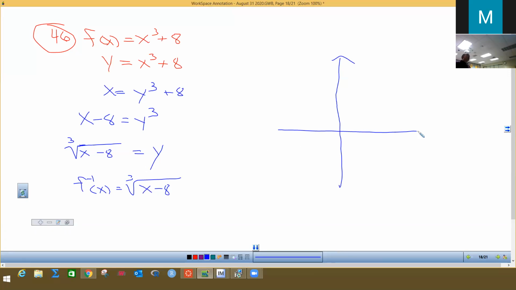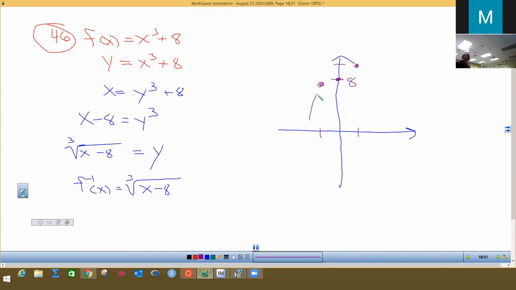Now we're supposed to graph both of these. Well, I know what the x cubed graph looks like. And I know this plus 8 is a vertical shift up 8. So I'm going to come up here to 8. The x cubed normally goes through 0, 0, but it's going to go through 0, 8 because of the vertical shift up 8. If you go up 1 over 1, there's a point there. And left 1 down 1, there's a point there. And then up 7 and 8.